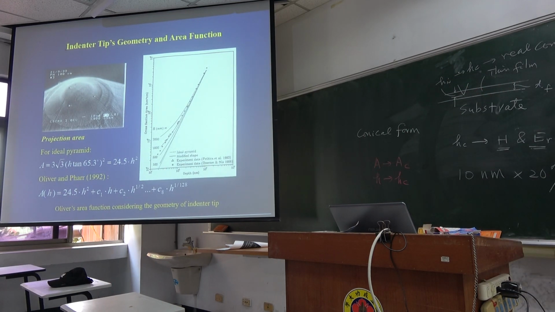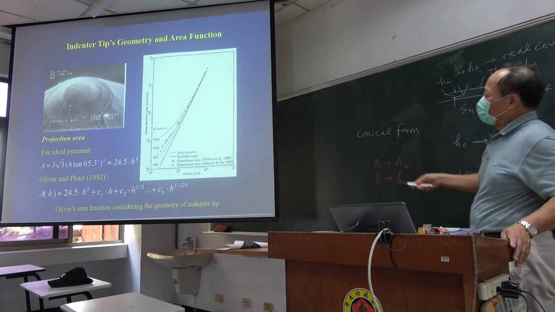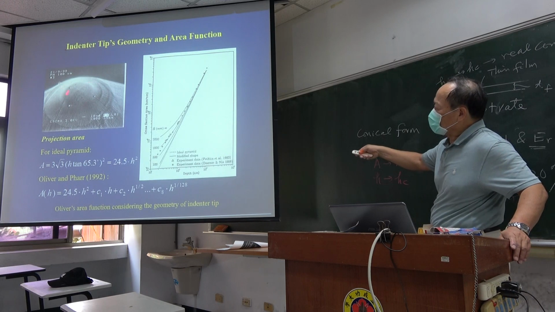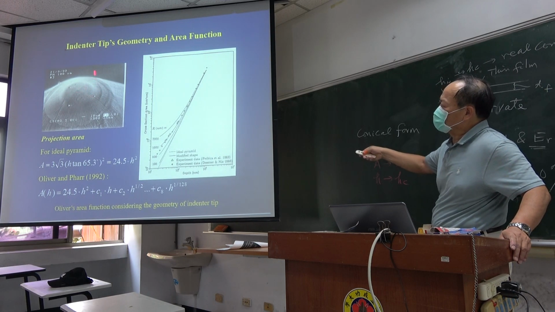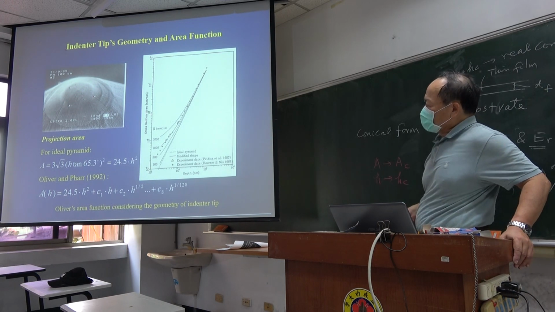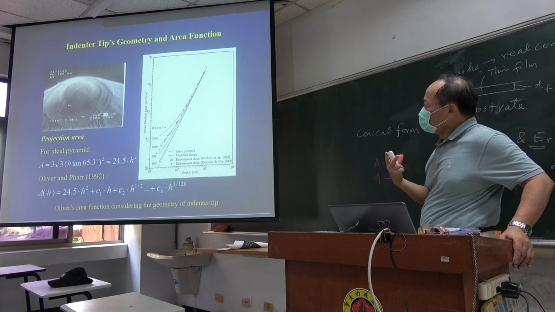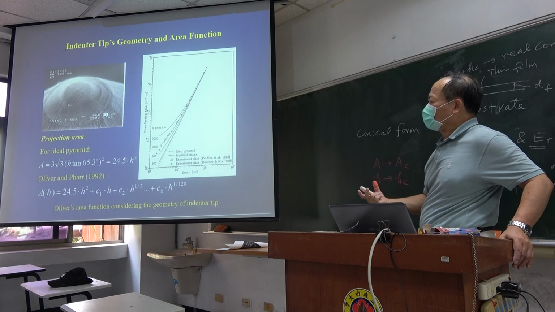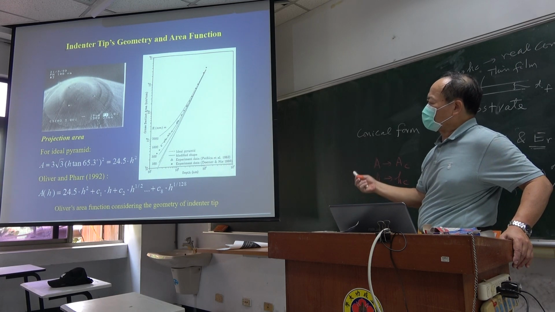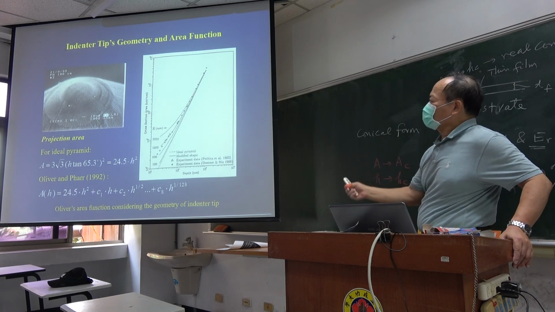Okay, it's not the sharp tip. It is just the front of the tip area, no longer the sharp one. So in this case, our indenter geometry will influence our behavior when your indentation depth is operating at a small value.